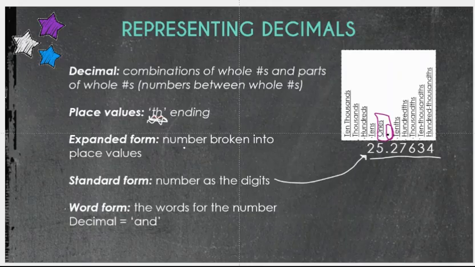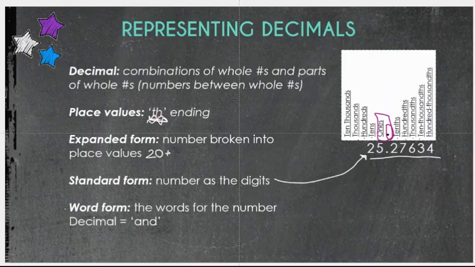Now, expanded form is breaking the number into place values, which we would do, and they should have done with whole numbers in the past. And so it's a very similar idea, breaking it into the place values. So if we were to write our 25, etc., we would break it into each place value.